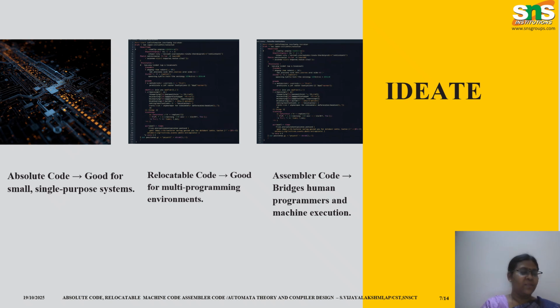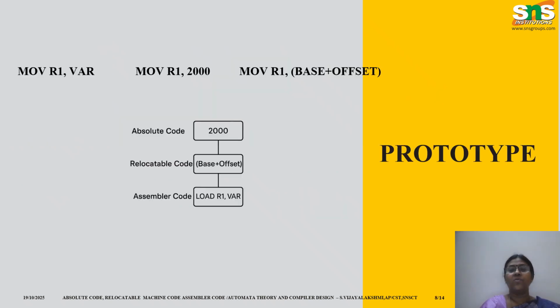In these programs, we ideate absolute code as good for small simple purpose systems, and relocatable code as good for multi-programming environments. Assembler code bridges human programmers and machine execution. Then prototype: absolute code with fixed address 2000, relocatable code with base plus offset, and assembler code load r1 comma variable.